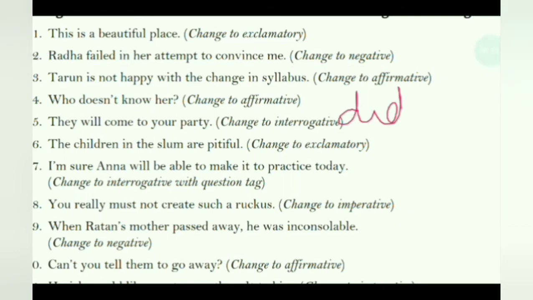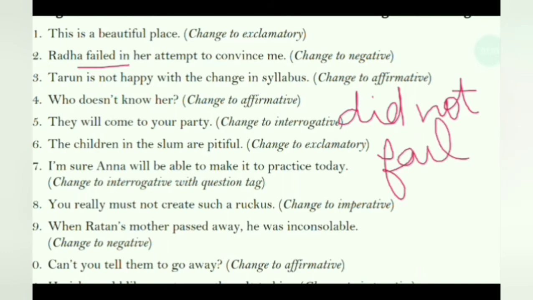And the second form would be changed into the verb's first form. Failed would change into fail. And it would become, Radha did not fail in her attempt to convince me. Rest of the part would be the same.